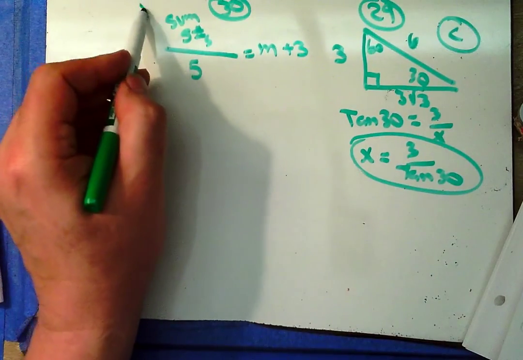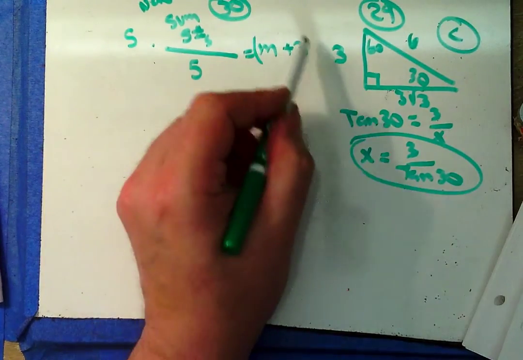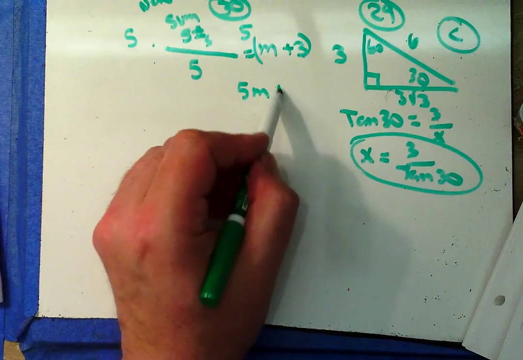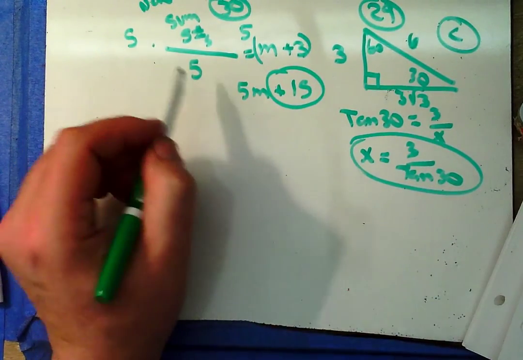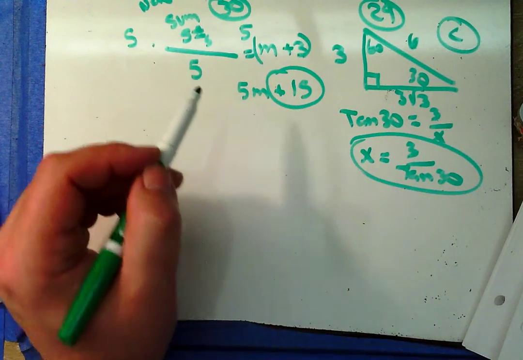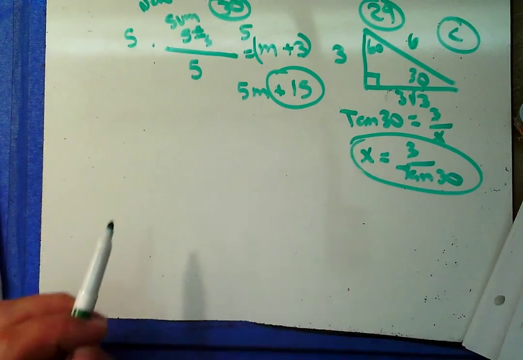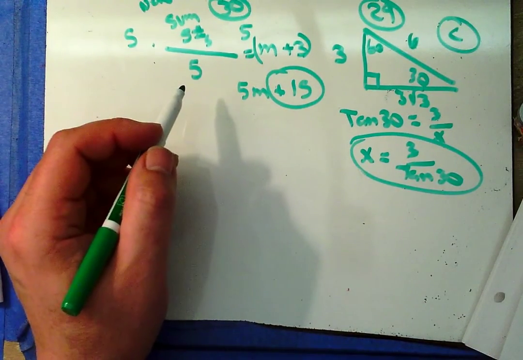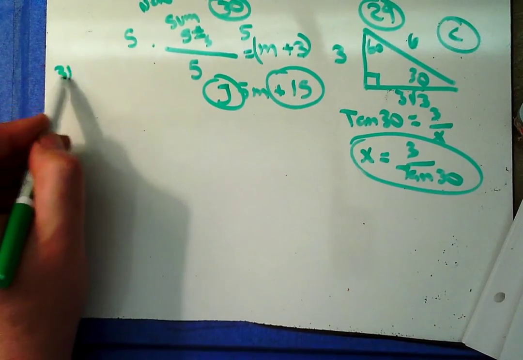What would be the new sum? Well, if I multiply both sides by 5, it turns out I had to add 15 to that mean. The original mean times 5 would have been the sum of the original numbers, but we've added 15 to that so that the mean goes up by 3. And that's why J is our answer for number 30.